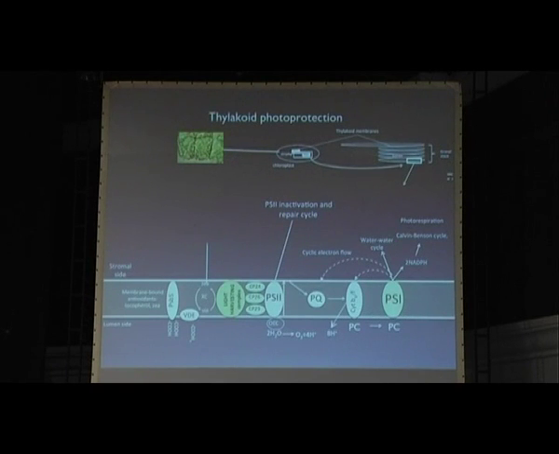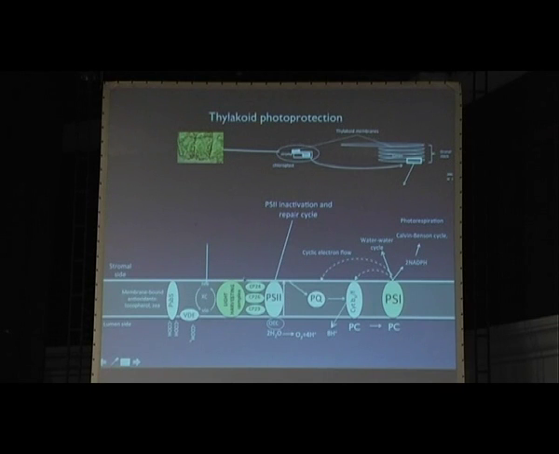So we were interested in photoprotection at the thylakoid membrane level and identifying gene targets that we could use to manipulate the level of photoprotection, maybe enhance it. So these are mesophyll cells, this is a chloroplast, this is a thylakoid granum stack where the electron transport components and chlorophyll-containing components exist.